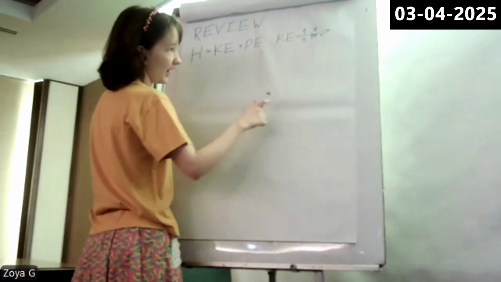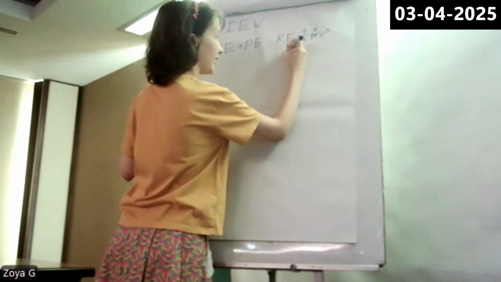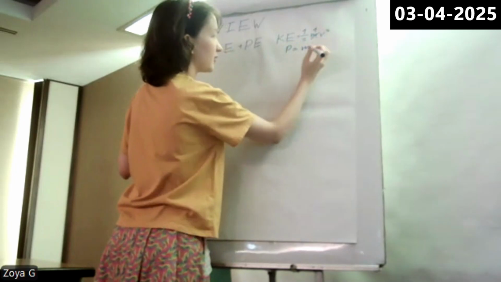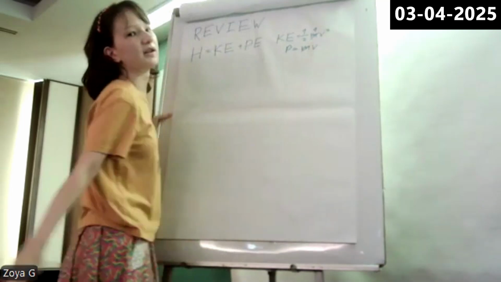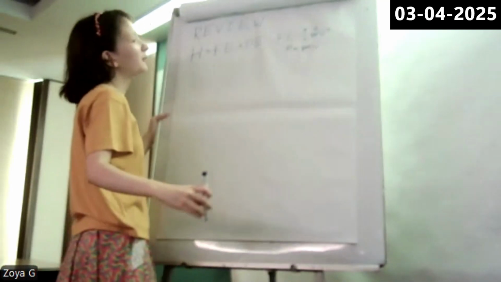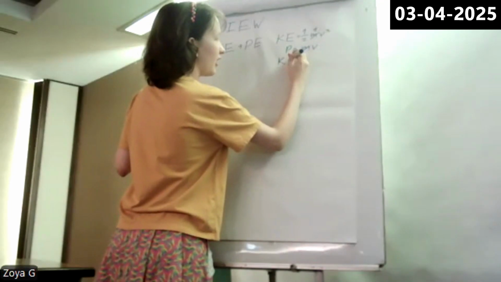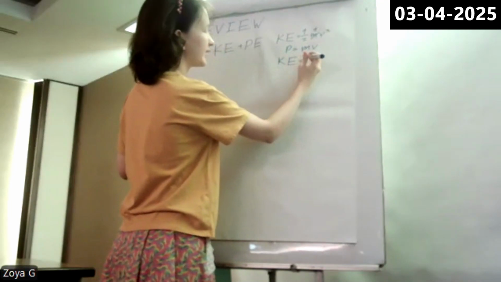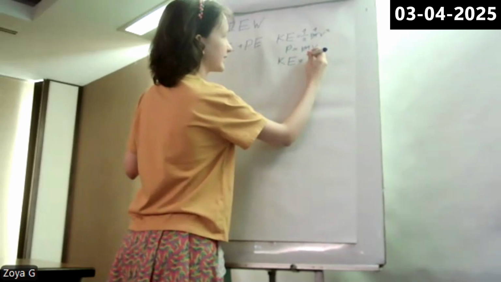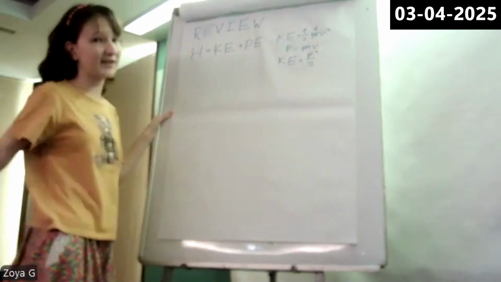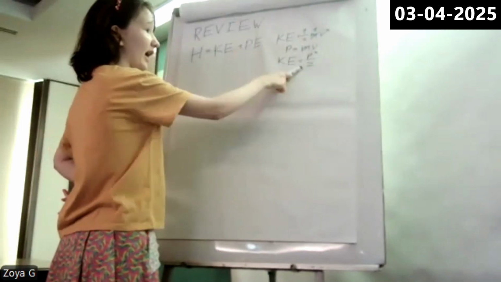Another thing that has a formula in physics is momentum, and momentum is equal to mv, or simply v. Now, this means that we can oftentimes rewrite the kinetic energy as p²/2. And you'll be seeing this expression a lot.